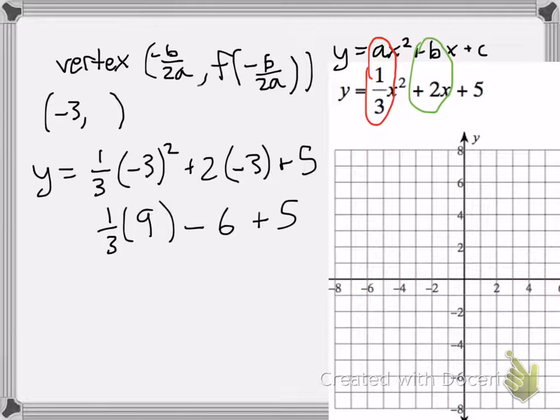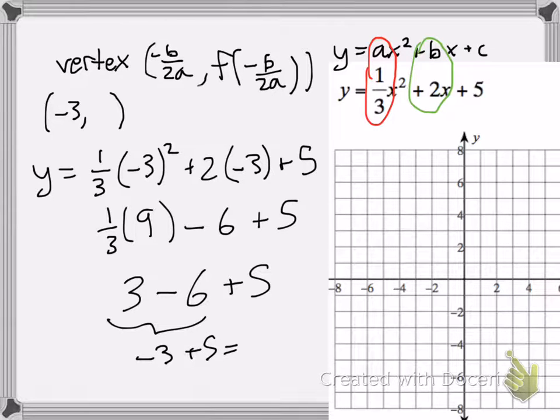And now I do 9 divided by 3 is 3, minus 6 plus 5. So this first part gives me negative 3, and then plus 5, and I get positive 2. So my vertex is negative 3 comma positive 2. So let's put that point on our graph right there.